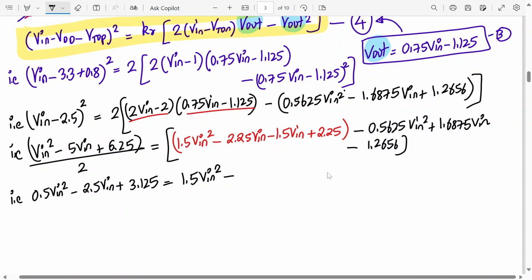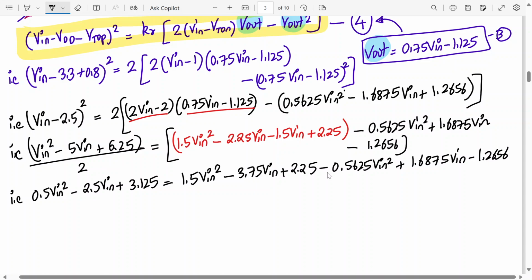These are all the calculations which you have to take care of: 3.75 times V in plus 2.25 minus 0.5625 V in square plus 1.6875 V in minus 1.2656.